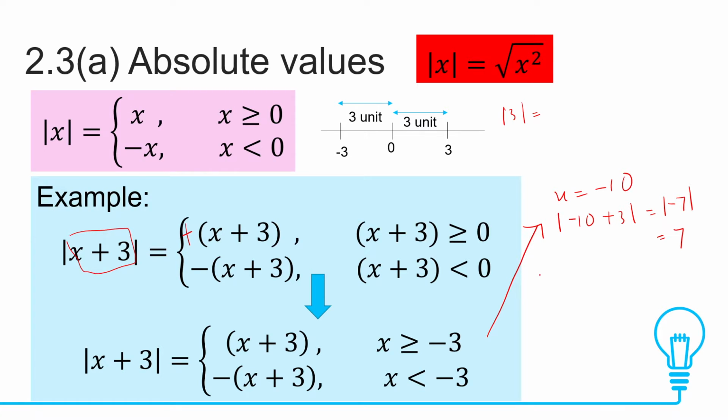By the formal definition, if you have x equals to -10, it is less than -3, so we substitute into this function, the negative of -10 plus 3, so it is -(-7), which is 7. This is the main reason why we say absolute -7 is equal to positive 7.